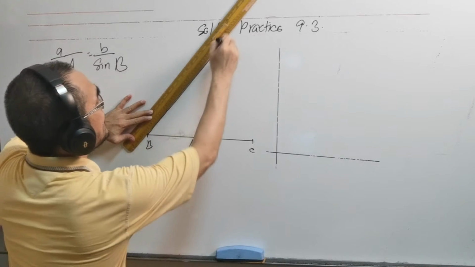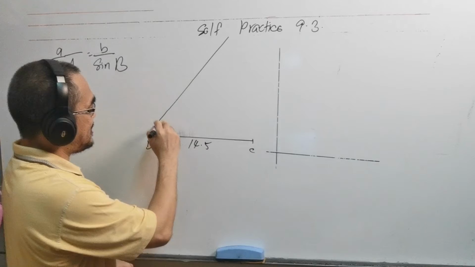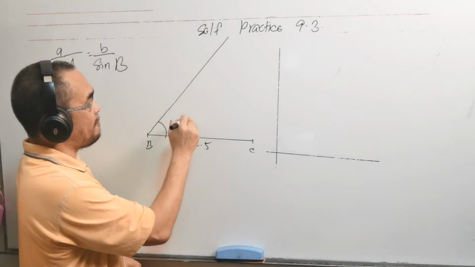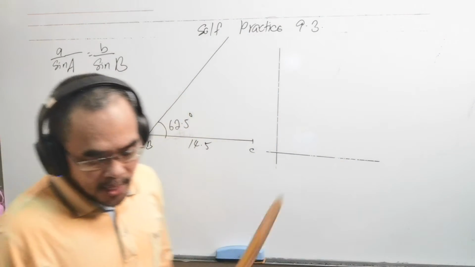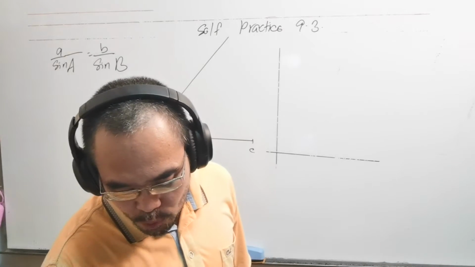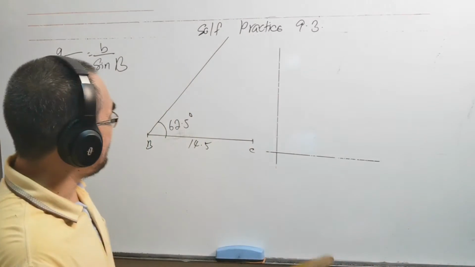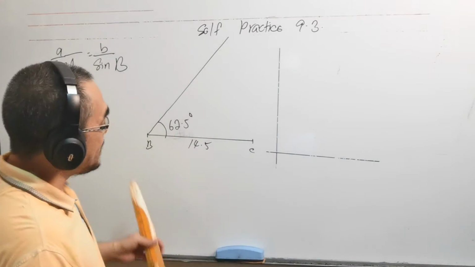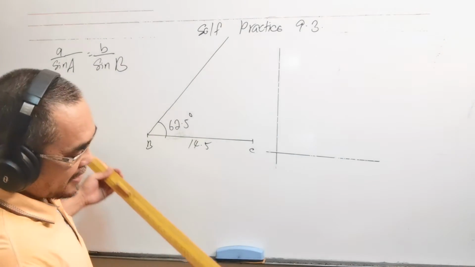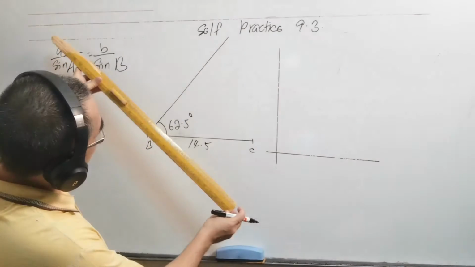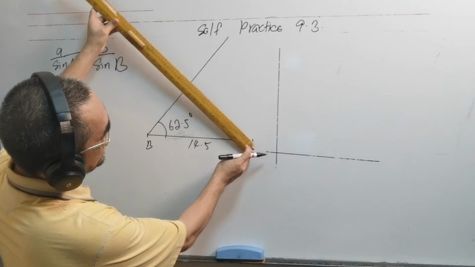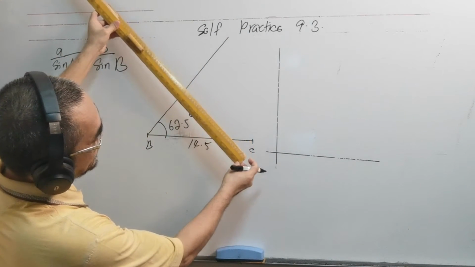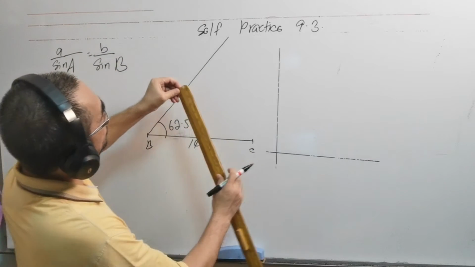So I draw like that, and I label it 62.5 degrees. And then you have to draw AC, which is 10, from C to A. It has to be 10. So 10 inch will be something like this.